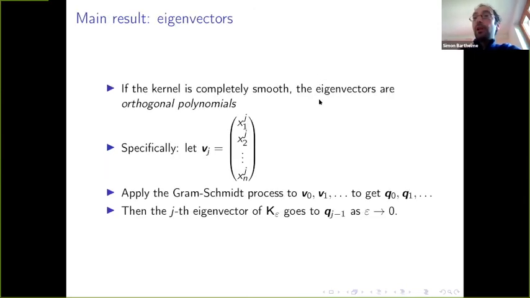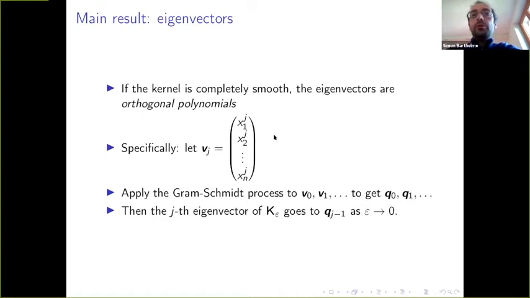So that's for eigenvalues. Now we can look at eigenvectors as well. And what's going on with the eigenvectors is rather surprising. If the kernel is completely smooth, so that's again the Gaussian case, the eigenvectors are orthogonal polynomials. Specifically, they're constructed as follows.